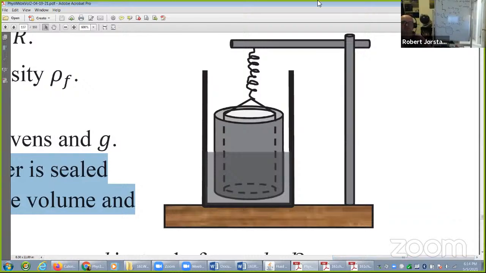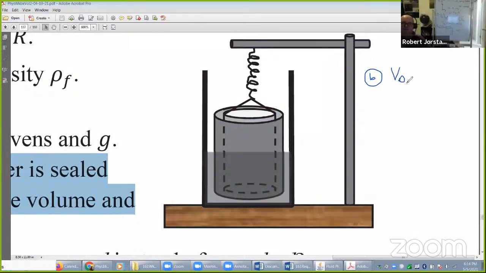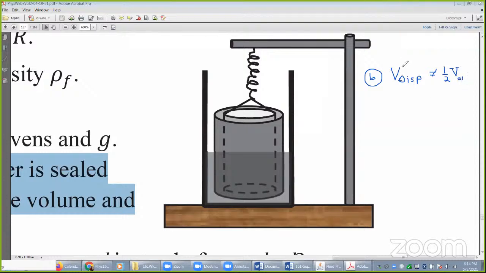So do you agree, in part B, that the volume displaced is no longer equal to half of the volume of the object? It's no longer equal to half the volume of aluminum that the pipe is made out of, right? So the displacement is going to be double. Is it?